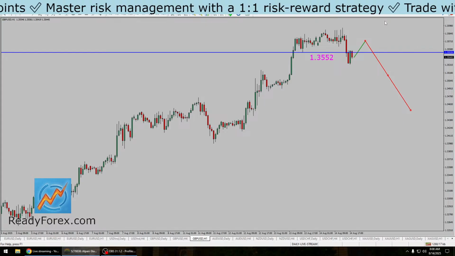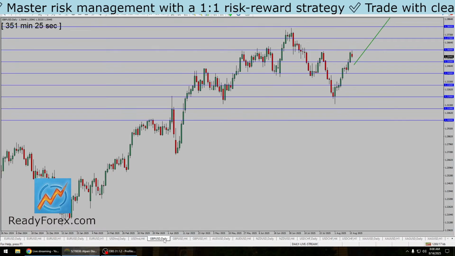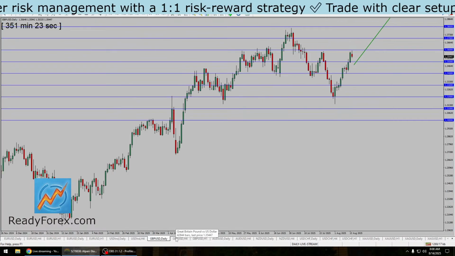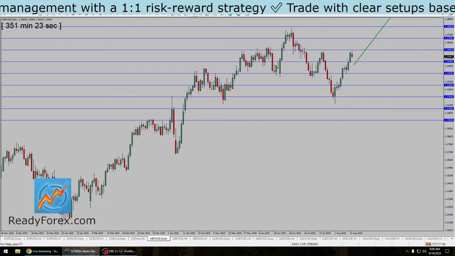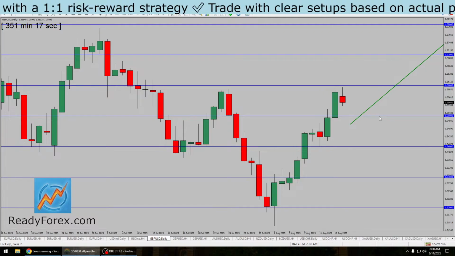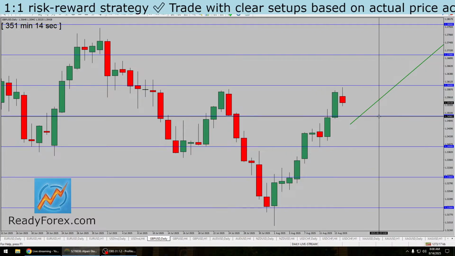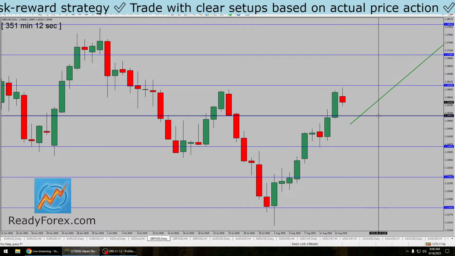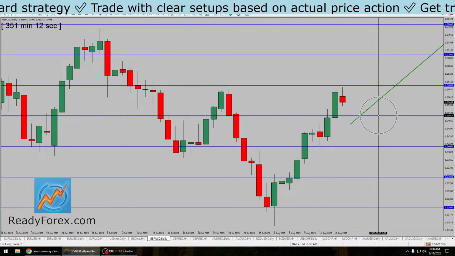Now comes the question, how far it's going to drop if we do get a drop in action. We have some round numbers over here, so probably market is going to test 1.35 area, this round number down over here.